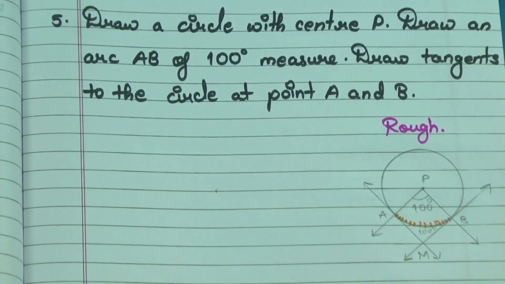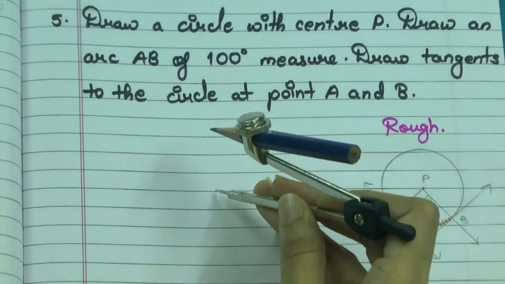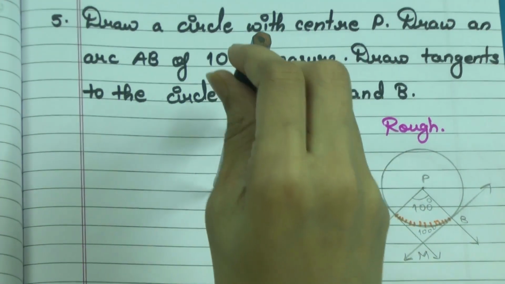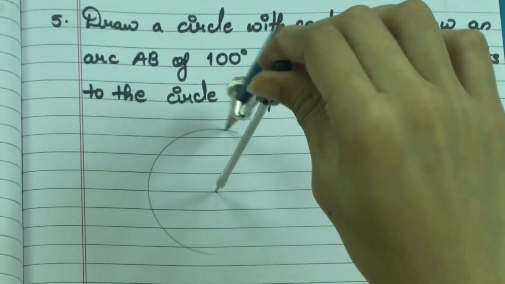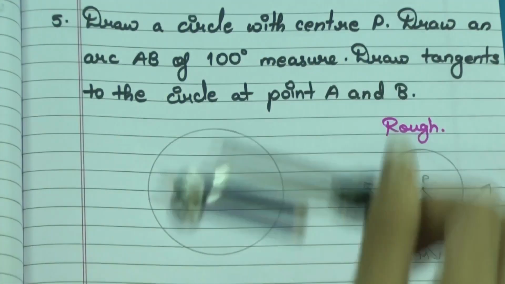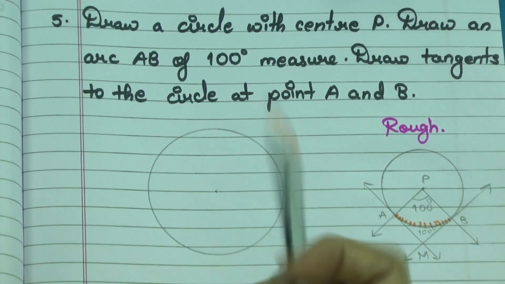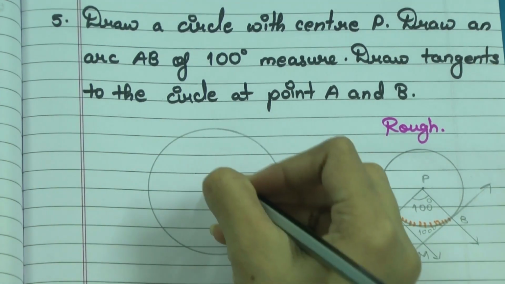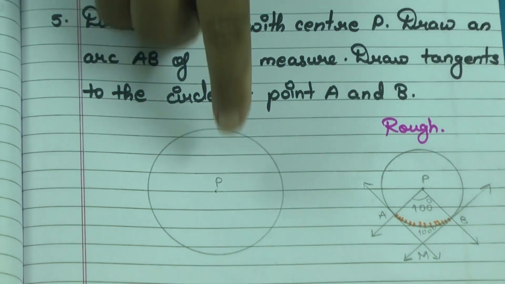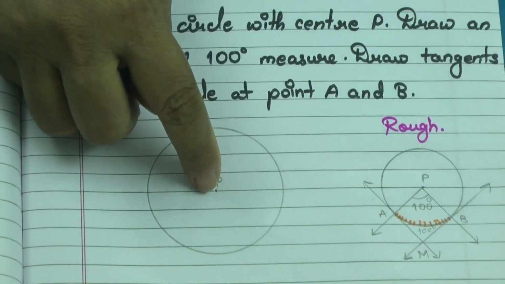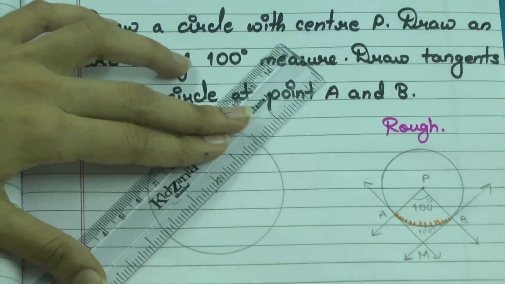First, we will take a circle of any measure. It is not given what radius we should take, so we are taking a circle of any measure. Now, mark the center as P. Now draw a radius PA.